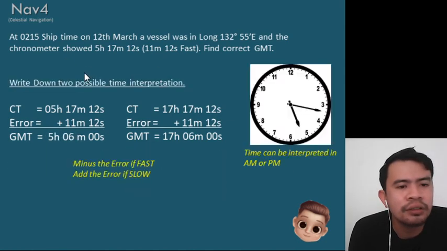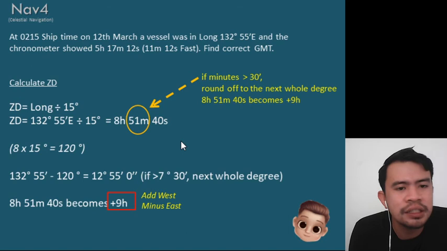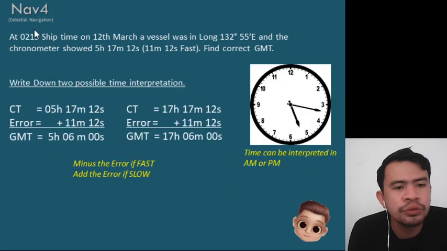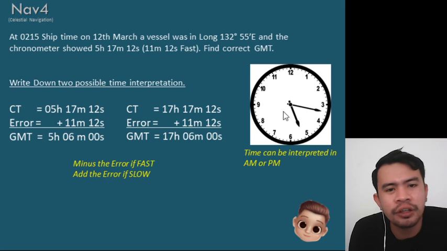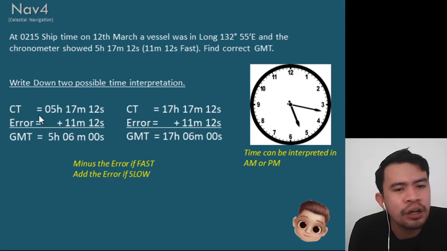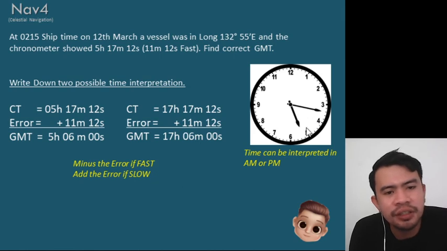ang next natin gagawin is we have to write down two possible time interpretations natin of our time here. So, ang chronometer time interpretation natin might be 5 or 17 minutes or might be 17, 12 sa ganitong time, no?